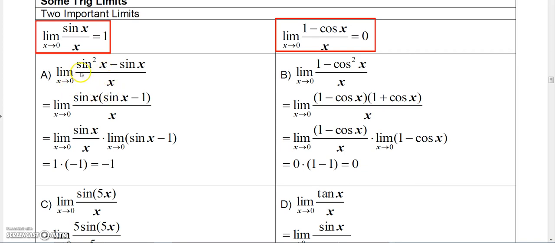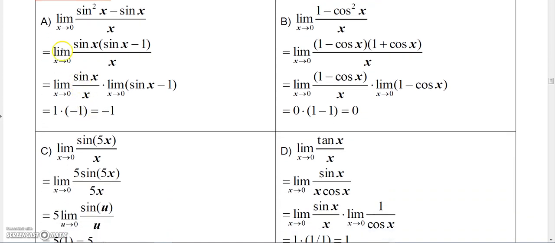If I tried to evaluate this limit directly, I would get 0 over 0. So I'm going to factor sine x out of the terms in the numerator, and I'll get sine x times sine x minus 1 over x. Then I can break this up into two limits: the limit of sine x over x and the limit of sine x minus 1.